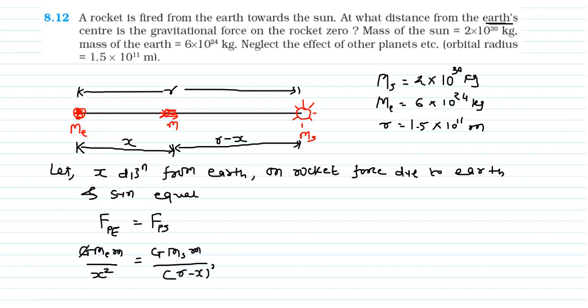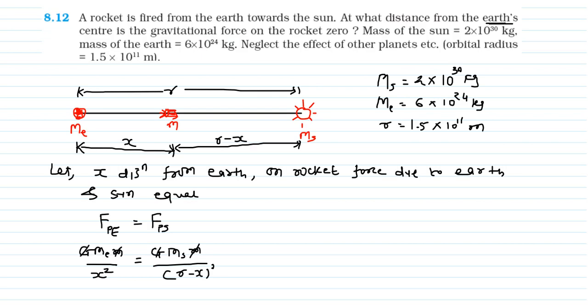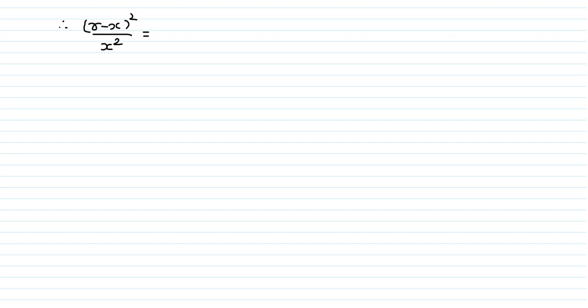So here you can say GM gets cancelled, therefore ((r − x)/x) whole square, therefore (r − x)² / x² equals Ms/Me, right? Therefore (r − x)/x whole square.